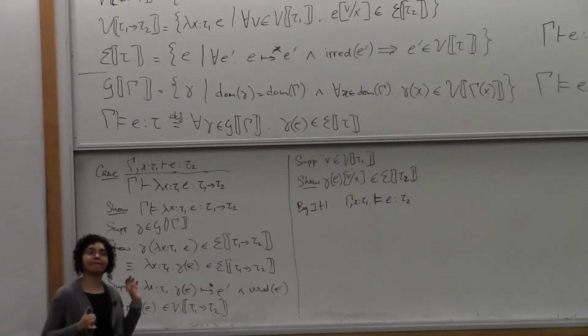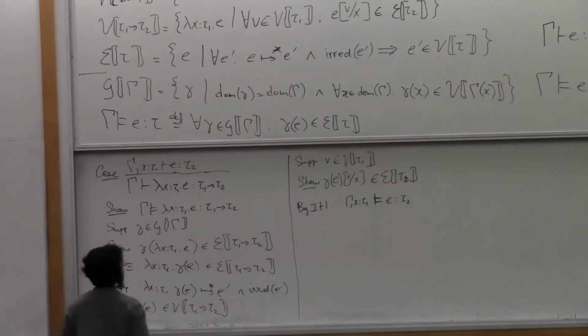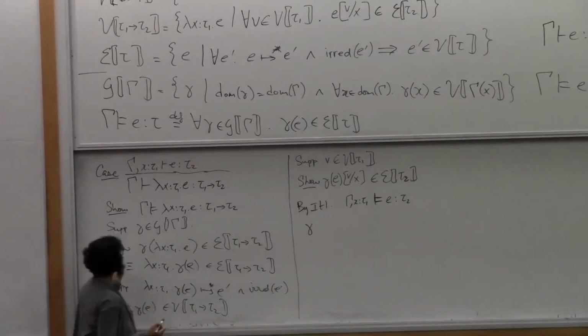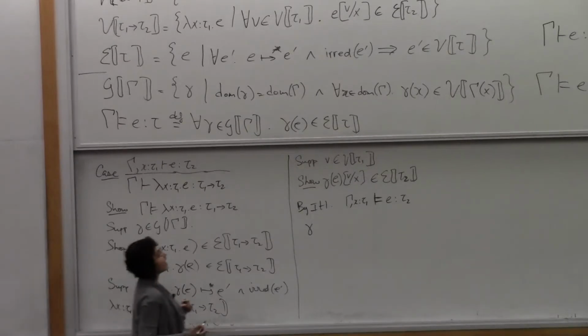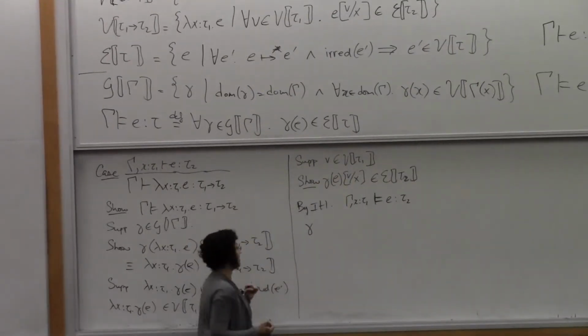We made a new substitution by extending gamma with v for x. We know gamma is in G of gamma, and this v belongs to V of tau 1.